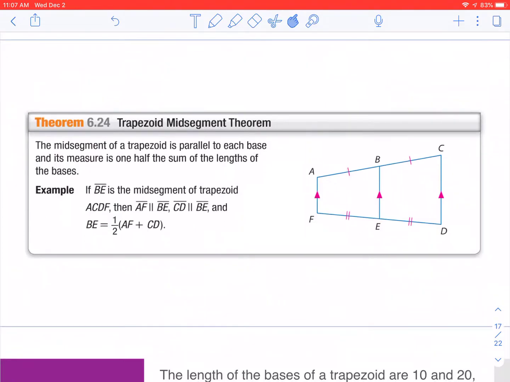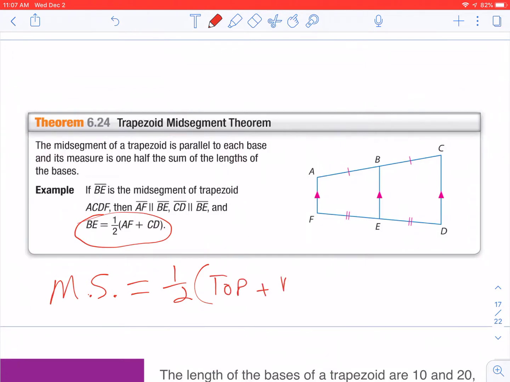Here is our formula right here. I don't like to use these letters. What I like to say is the mid-segment, or MS, equals 1/2 top plus bottom. And you can call whatever you want the top or the bottom.